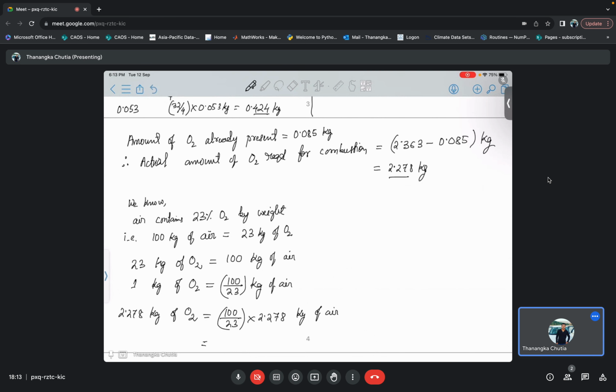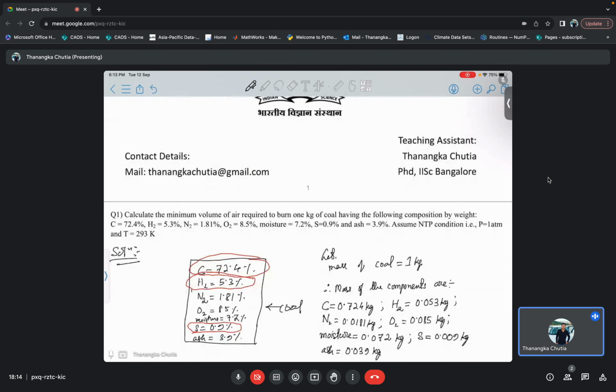So you got it as 9.90 kg of air. So now for the complete combustion of the coal of the given specifications, we have got the mass of the air required. But remember, our question is the volume of this air required.